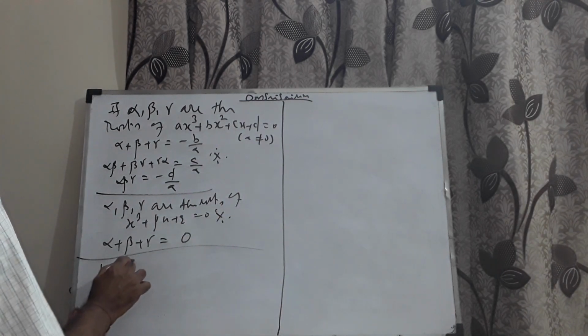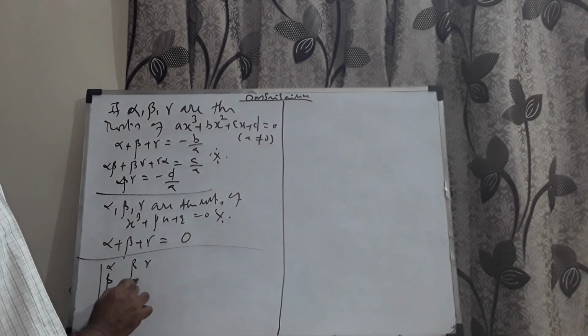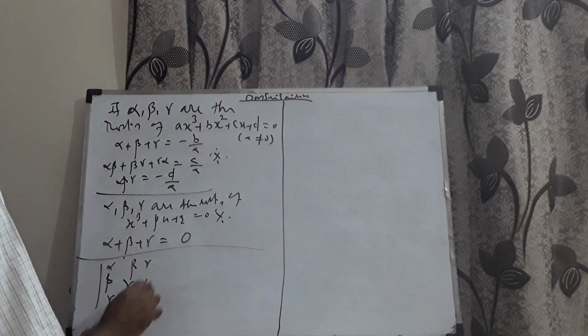Anyway, determinant alpha, beta, gamma, beta, gamma, alpha, then gamma, alpha, beta.